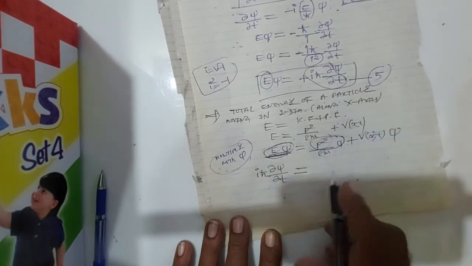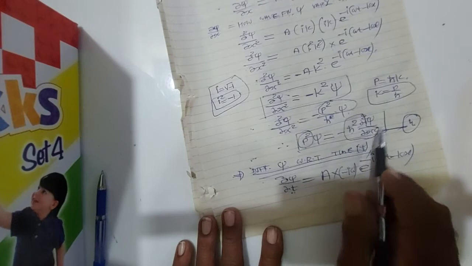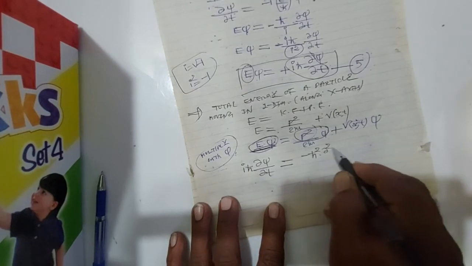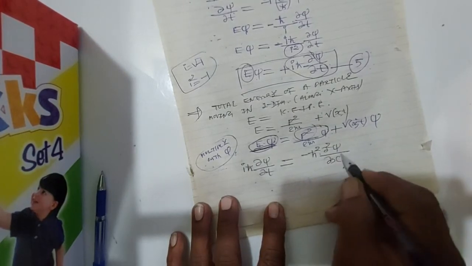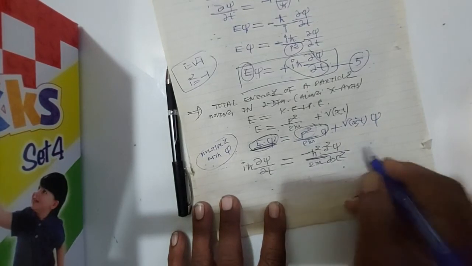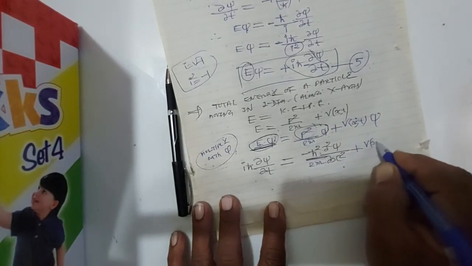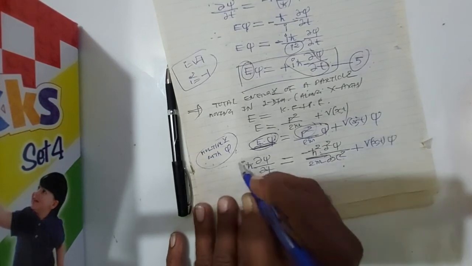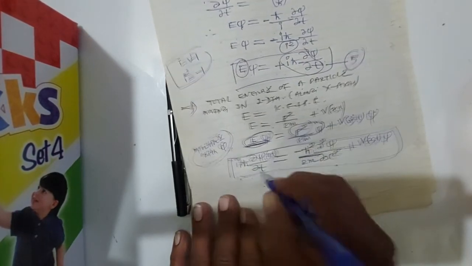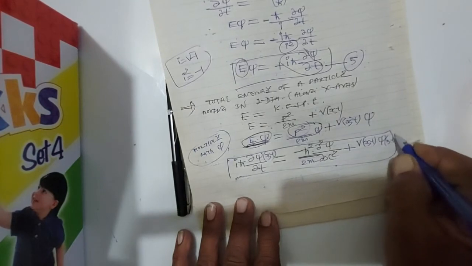And from equation 4, the value of p square psi is minus h cross square d square psi upon dx square, divided by 2m, which is a constant term, plus v(x,t) psi, where psi is a function of x coordinate and time t.